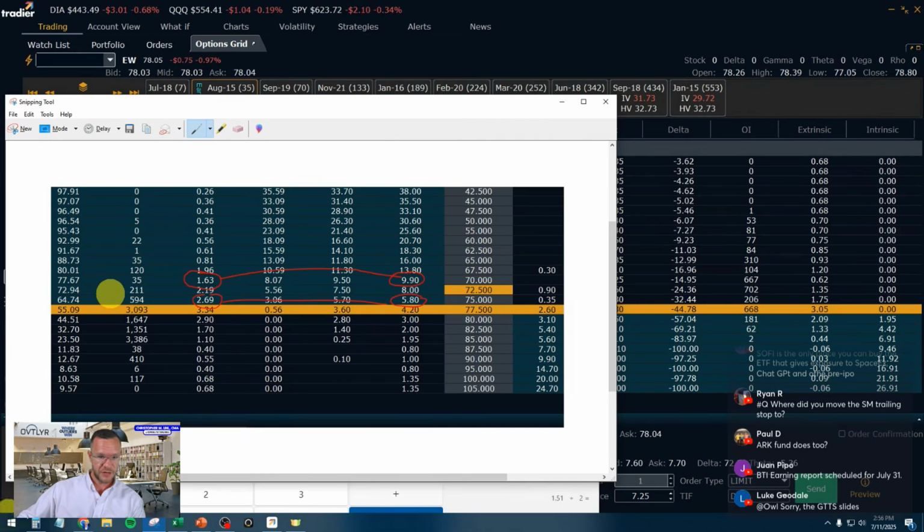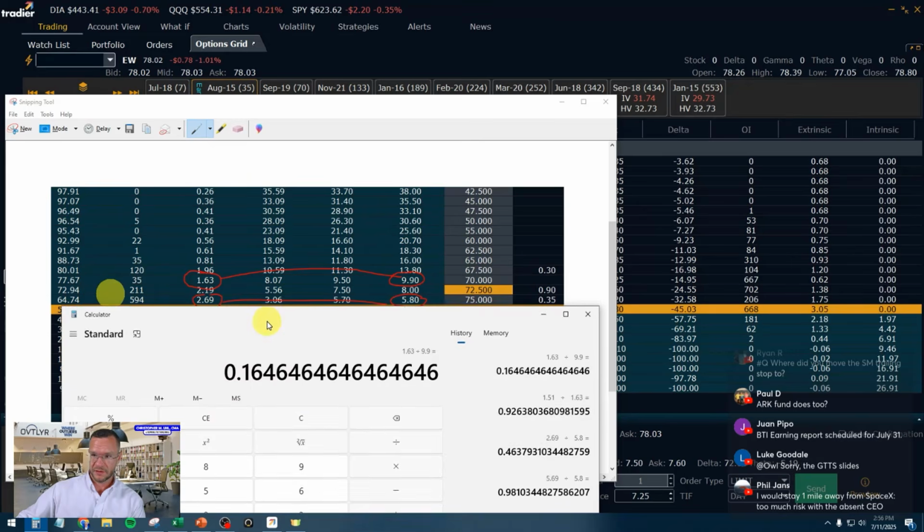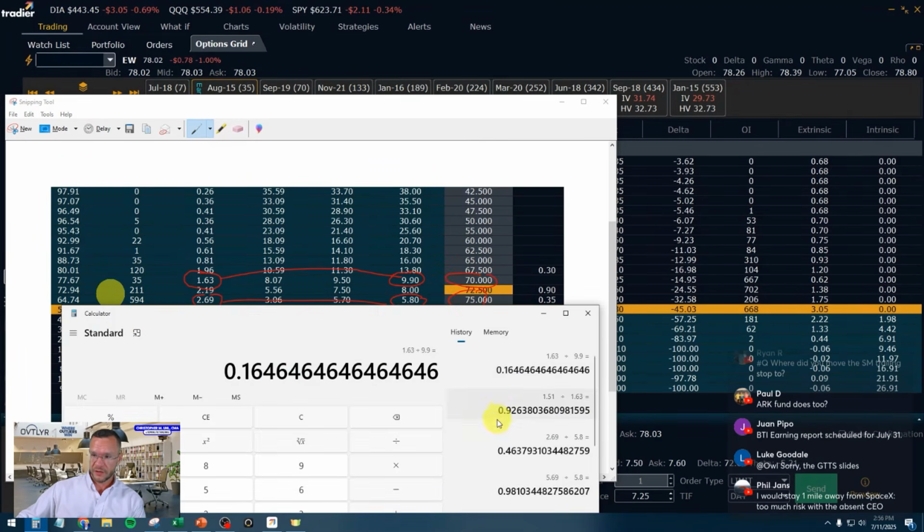If we look at this strike here, that is $1.63 divided by 9.90, which is 16% extrinsic. Okay, so between 2 strikes, the 70 strike and the 75 strike, one of them costs 46% extrinsic, the other is 16% extrinsic. Obviously, I went for the one in between those 2 points.